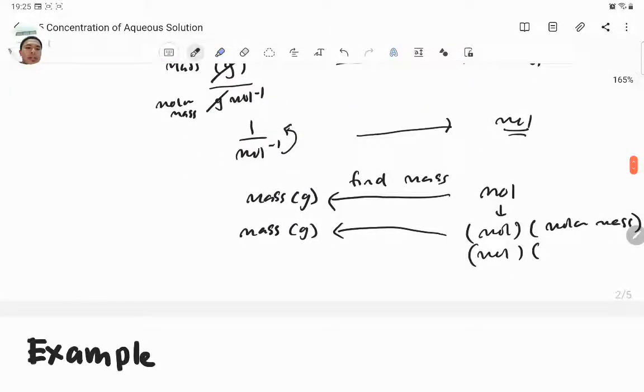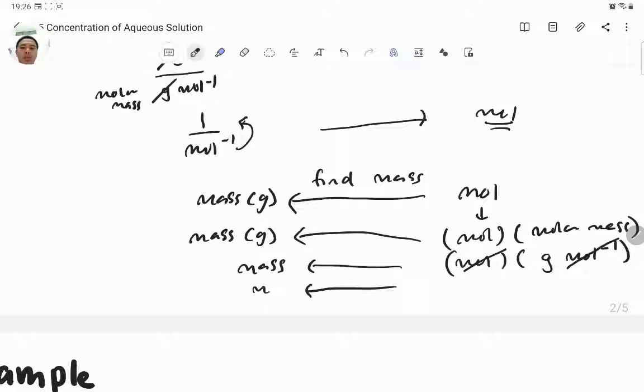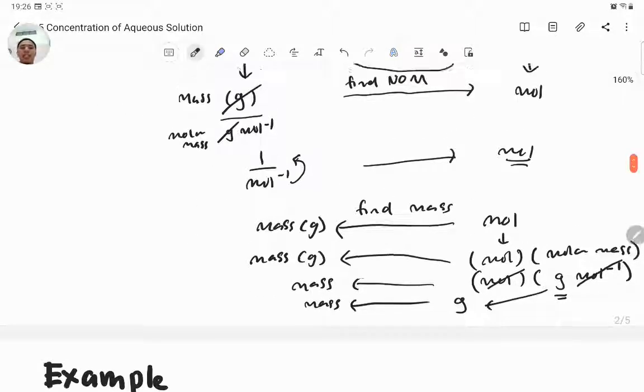So mole, right, gram mole negative 1. Okay, mass. So you can cut off mole. So at the end you will get mass, gram. Gram sahaja yang akan tinggal. So this is the relationship.